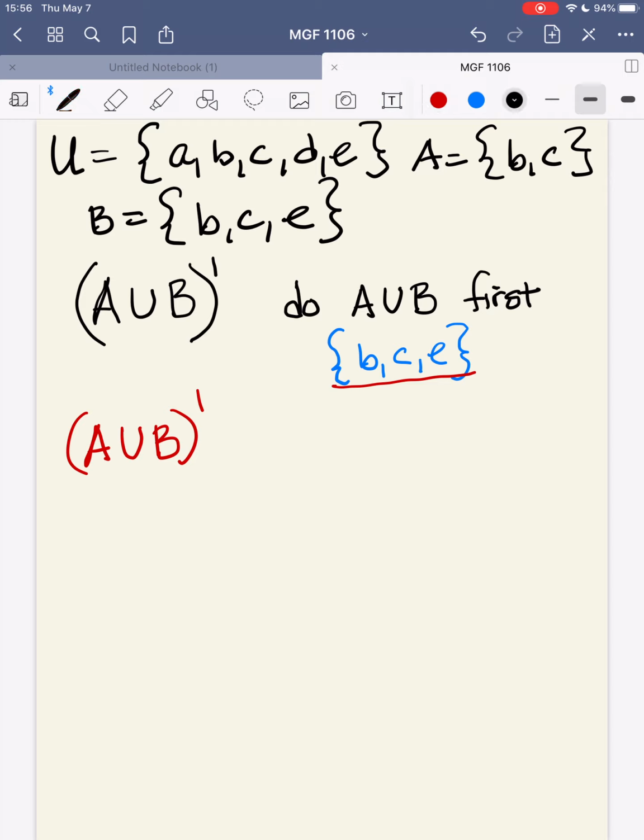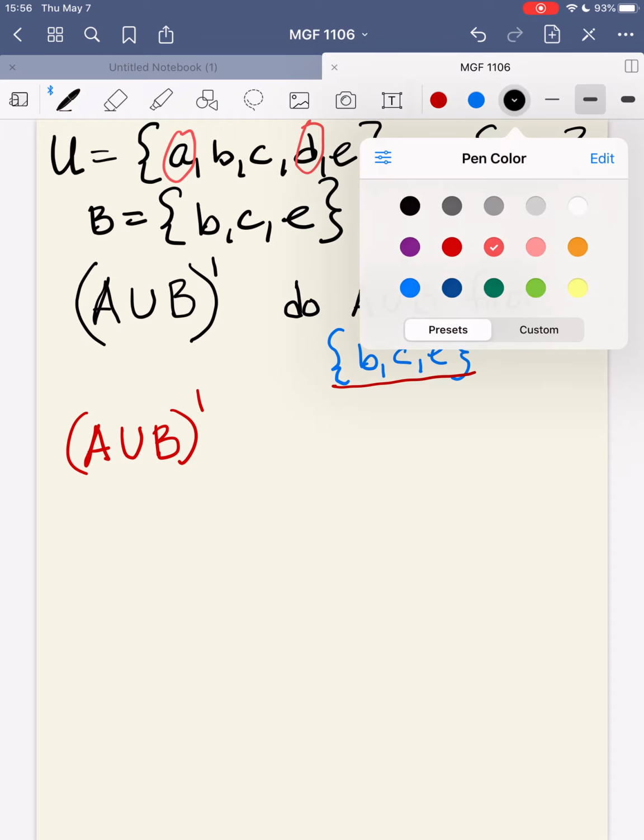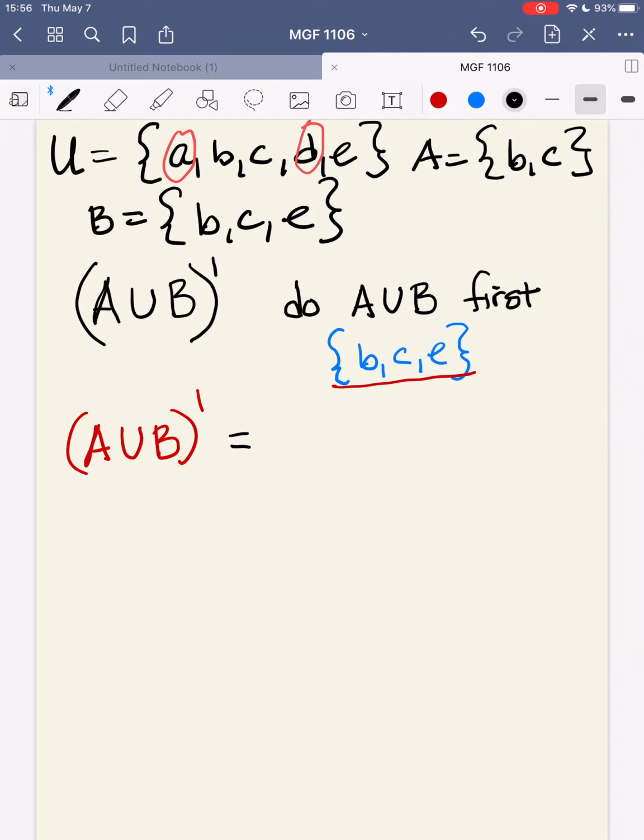So we have B, C, and E. And we need to pick the members of the universe that are not those. Okay, so I need A, I need D, and it looks like that's all I'm going to have that's left. Okay, so my A union B complement is just going to be A, D.